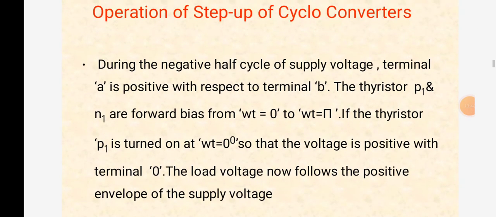In this, during the positive half cycle of the supply voltage, terminal A is positive with respect to terminal B. The thyristors P1 and N1 are forward biased from omega t is equal to 0 to omega t is equal to pi. If the thyristor P1 is turned on at omega t is equal to 0 degrees, so that the voltage is positive with terminal O, the load voltage now follows the positive envelope of the supply voltage.